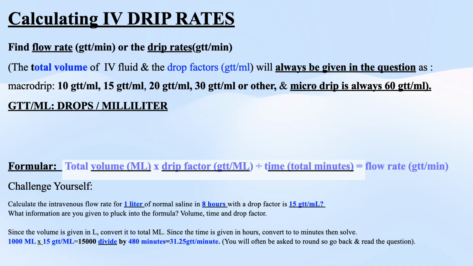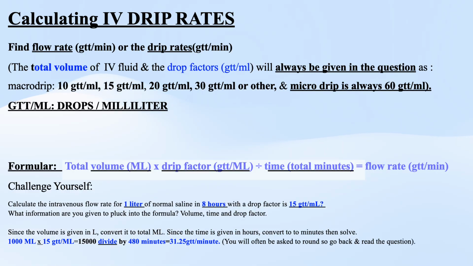You will also be given an important number called a drop factor, often written as GTT per ml or drops per ml. If that's what you must solve, you will have it in the question, so do not worry.